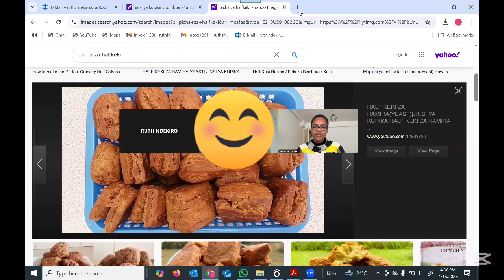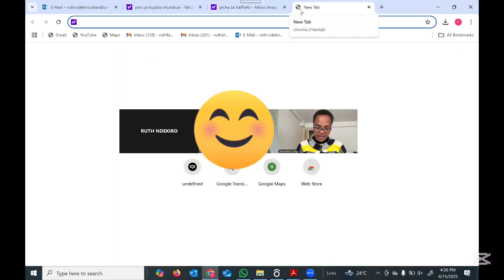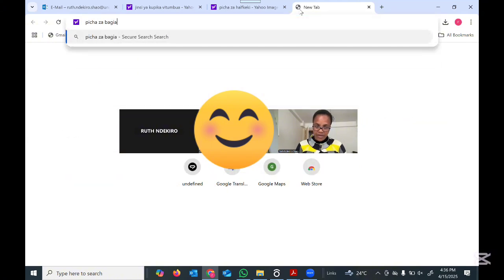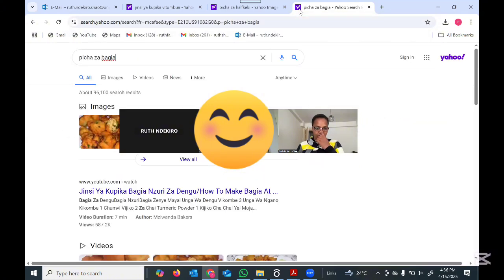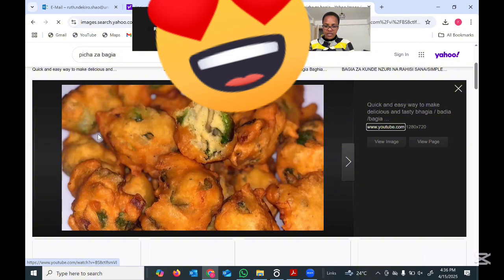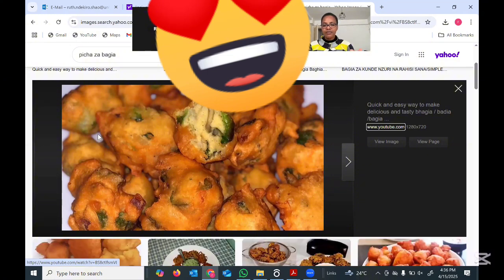And at some point, let's say, ngoja tuangalie, tuseme picha za bagia. Yeah, so this is hivi. It's just flour. People add some onions, so it's a bit more savory, but it's the same flour.